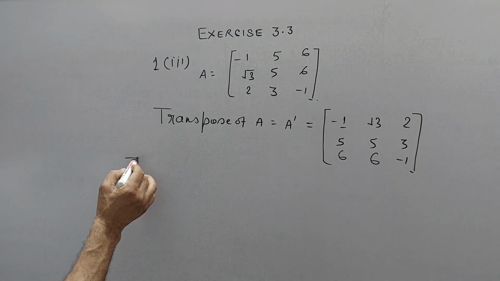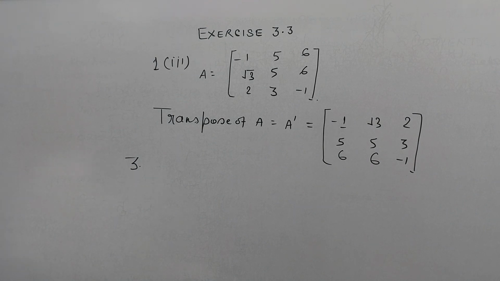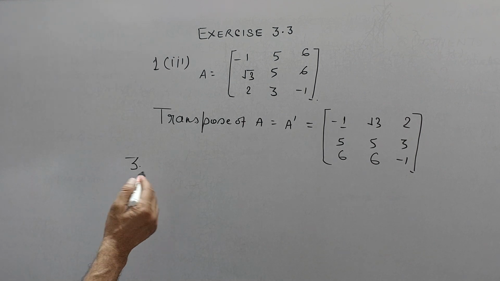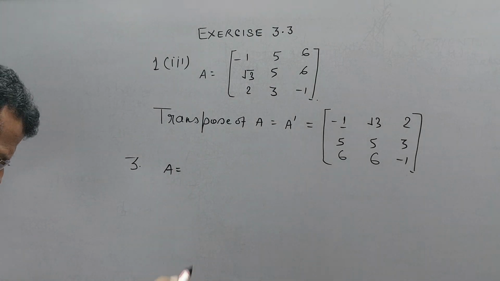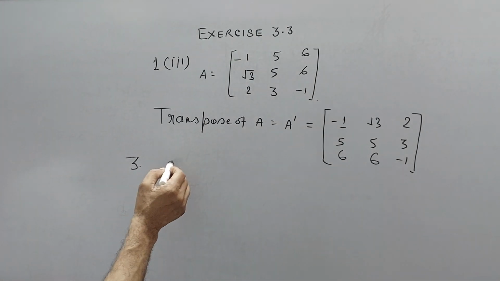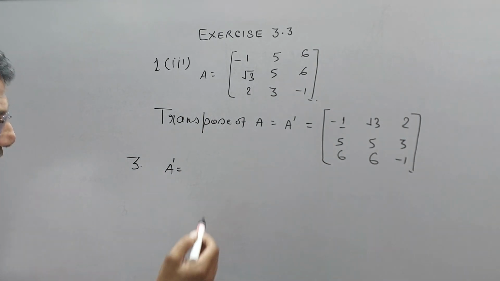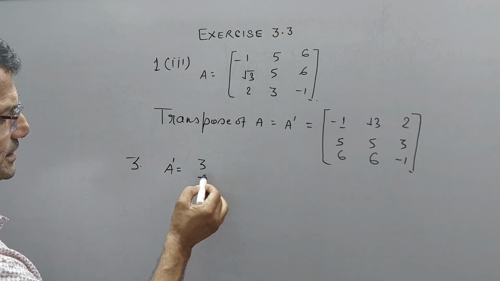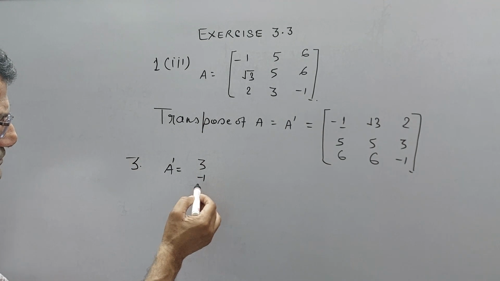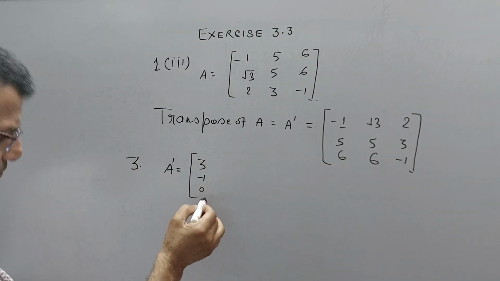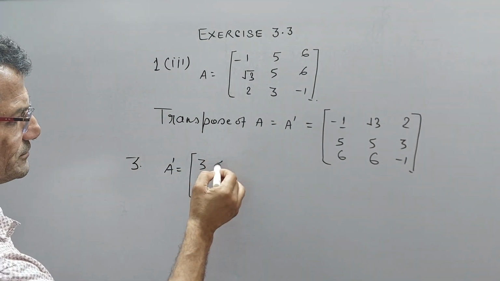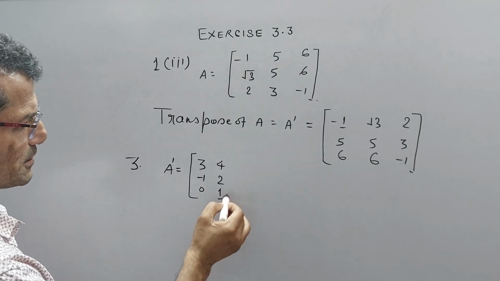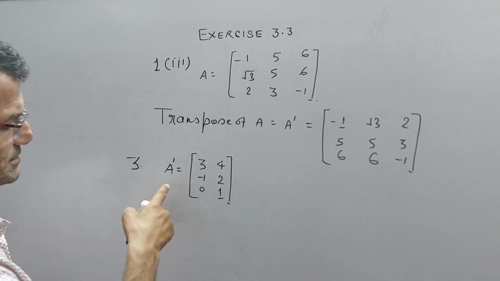Let us take question number 3. In this question, matrix A and matrix B are given. The transpose of A is given as 3, minus 1, 0 in the first column, and 4, 2, 1 in the second column.